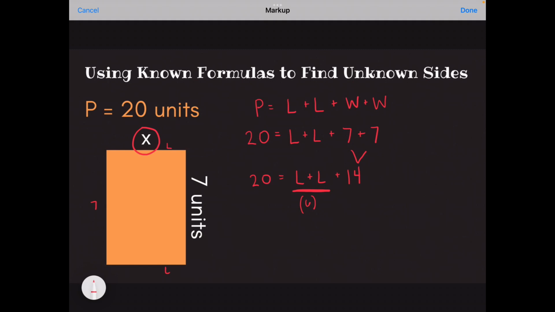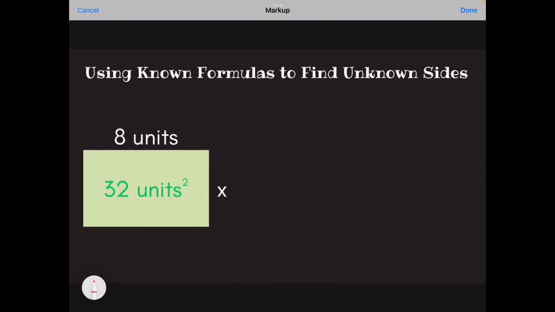So when I split 6 in half, I'm going to get the answer of 3, which means that x, this unknown side length, is equal to 3 units. So notice I just took what it gave me. It told us that the perimeter is 20, so I'm going to use the formula of perimeter to help me find that unknown side.